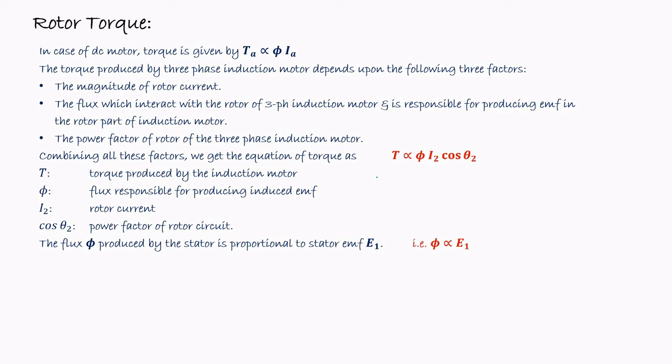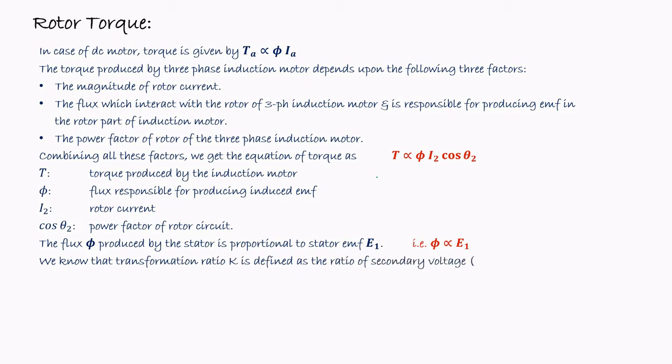So if the supply voltage is more, more current will flow through the phases of the stator winding, therefore more magnetic field will be produced. So you can say the magnetic field produced in the stator winding is directly proportional to the power supplied to the stator, that means the EMF which is given to the stator winding.